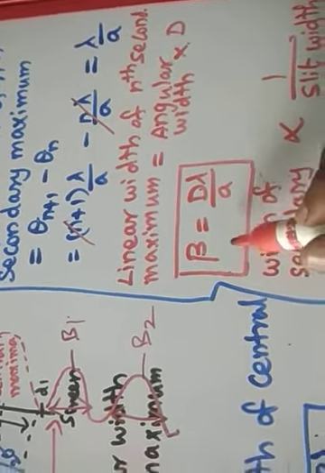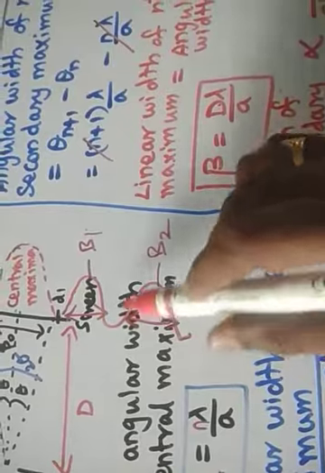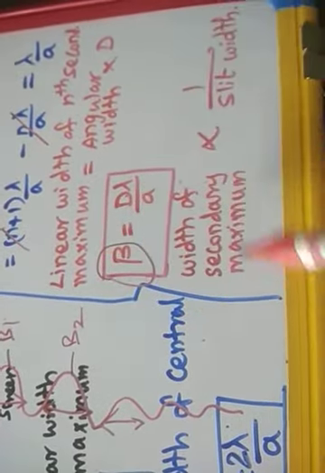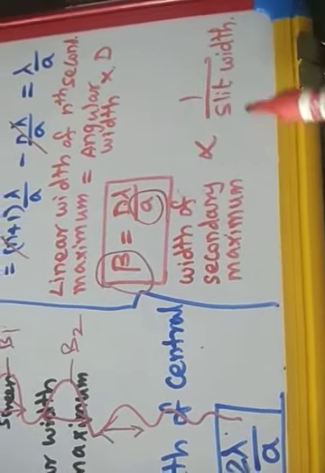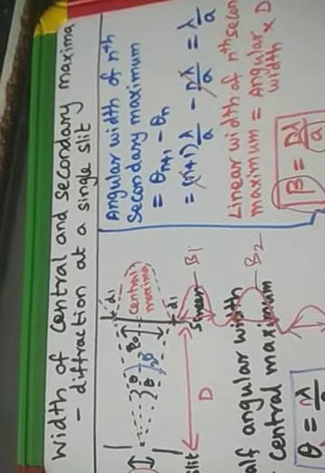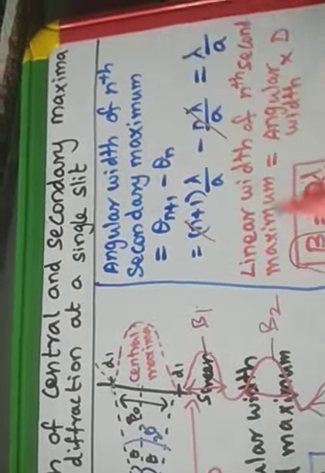Clearly, we come to the conclusion that this width will be determined by the slit width. The width of the secondary maximum is inversely proportional to the slit width, the aperture width.